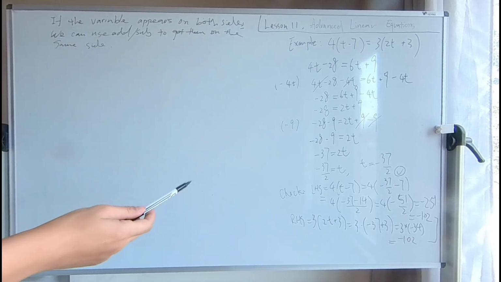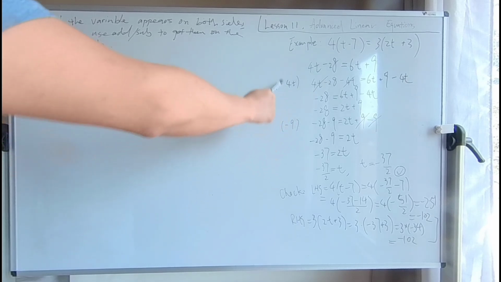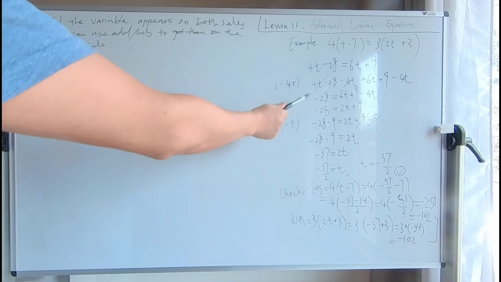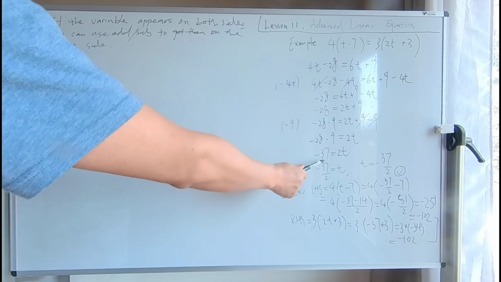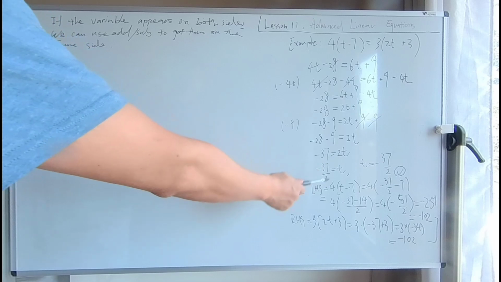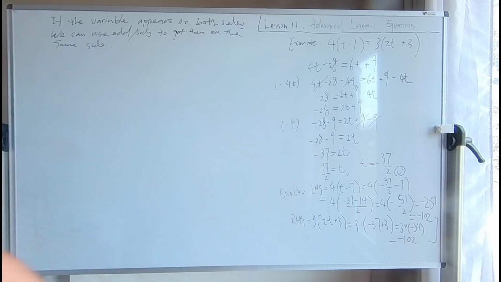I'm using subtraction in this specific example. I'm using subtraction to move around the constant terms and the variable terms, eventually making sure that all the constant terms are on one side of the equation and all the variable terms on the other side of the equation.